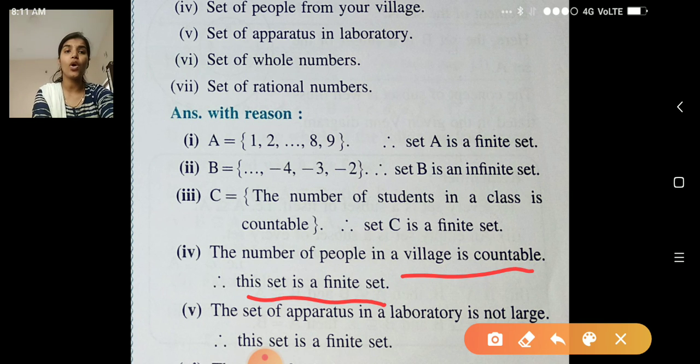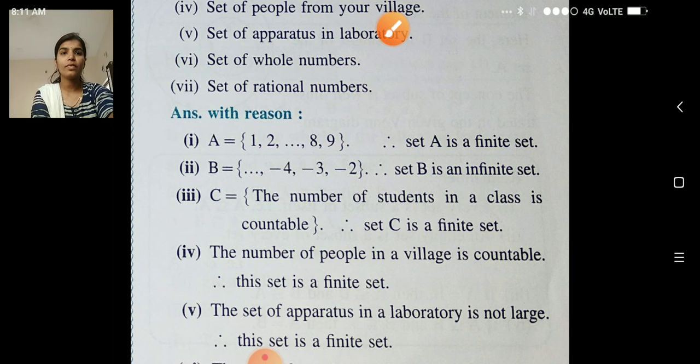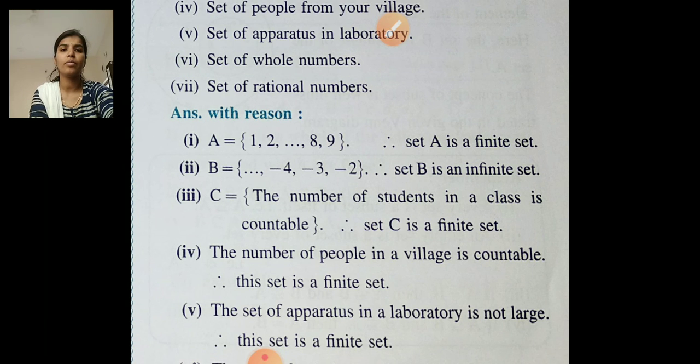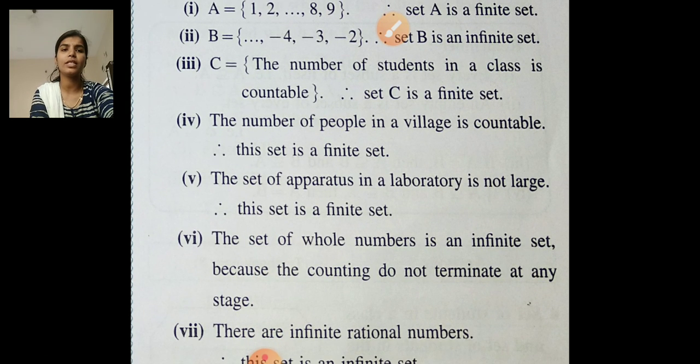Before the set of whole numbers, we have one more example: the set of apparatus in a laboratory. The set of apparatus in a laboratory is not large, no? We can know how many there are, so that set is finite. Okay. Then we will see the set of whole numbers.